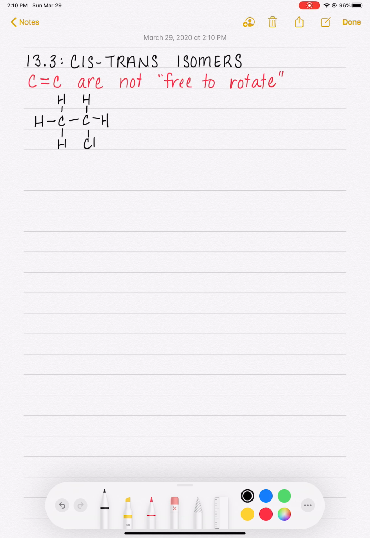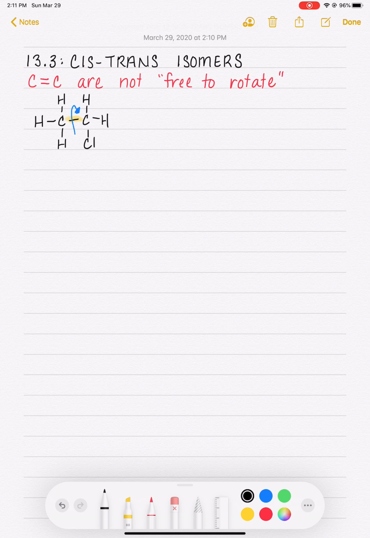Single bonds, like a carbon-carbon single bond, are free to rotate, which means that this molecule can twist around the carbon-carbon bond. And it's also twisting around all the other bonds as well, but we're just going to think about the carbon-carbon bond. So this carbon-carbon bond can twist and turn.